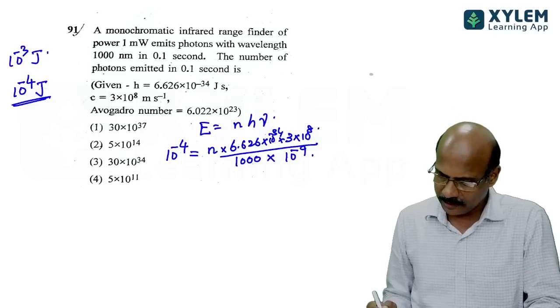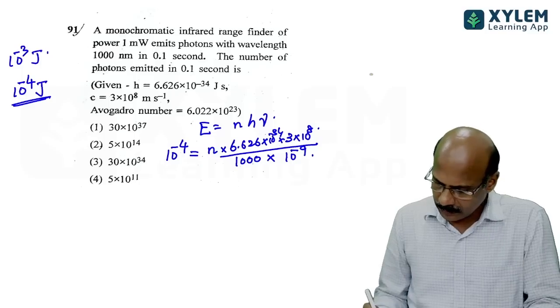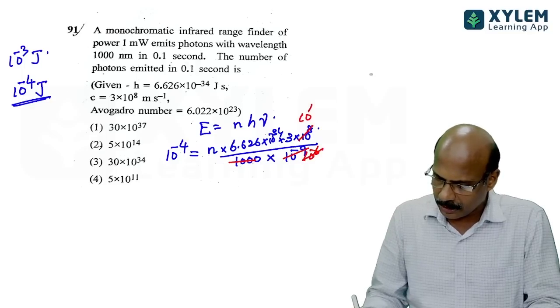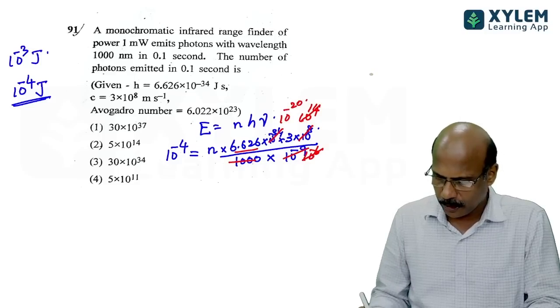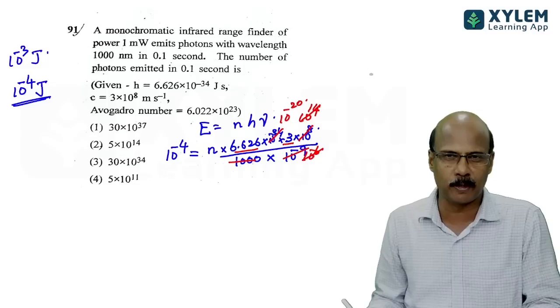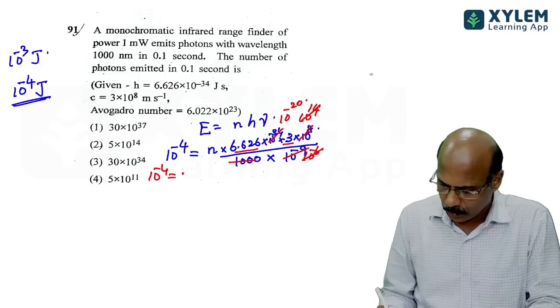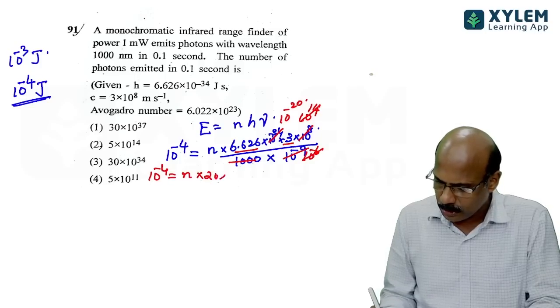How will you find out n here? You can approximate this. 1000 into 10 to the power of minus 9 is 10 to the power of minus 6. That can be taken over here as 10 to the power of 14. This you can cancel here, 10 to the power of minus 20. 6.626 into 3 can be approximated as 20. So 10 to the power of minus 4 is equal to n into 20 into 10 to the power of minus 20.